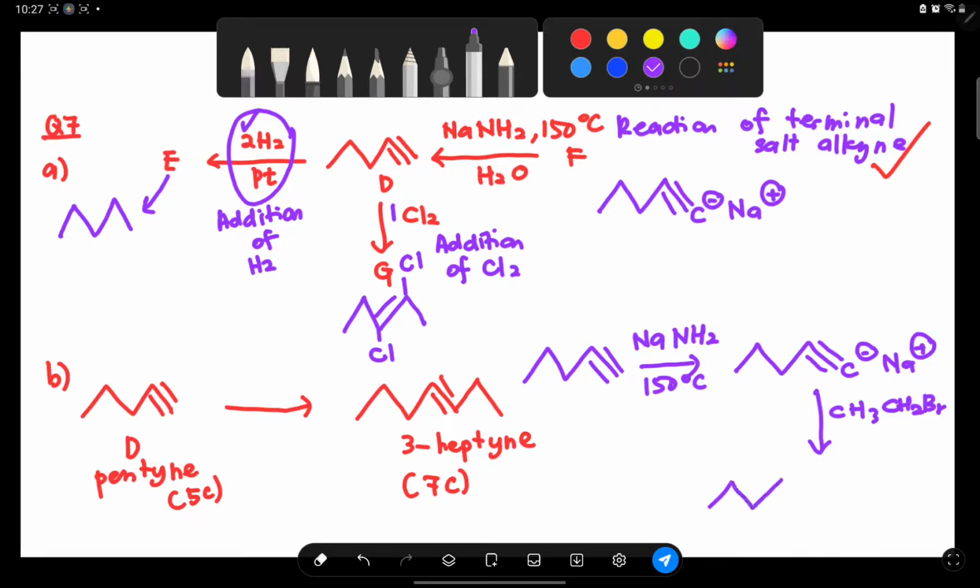So here is the triple bond, and this part will insert here. Then basically it will be like this, CH2CH3. So how many carbons here? 1, 2, 3, 4.